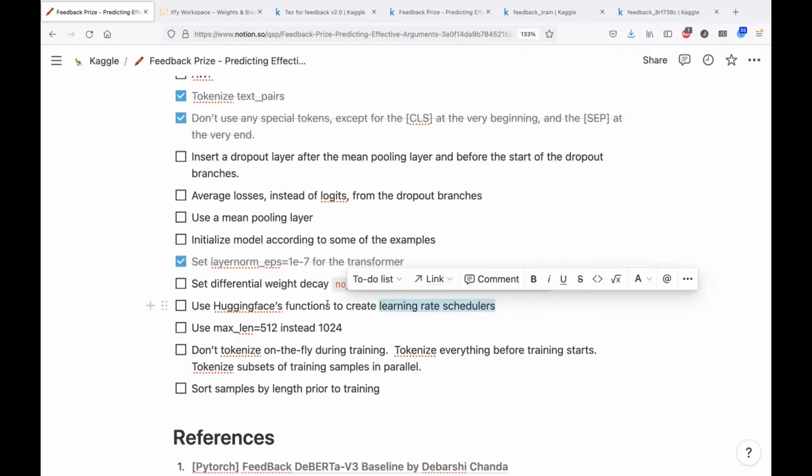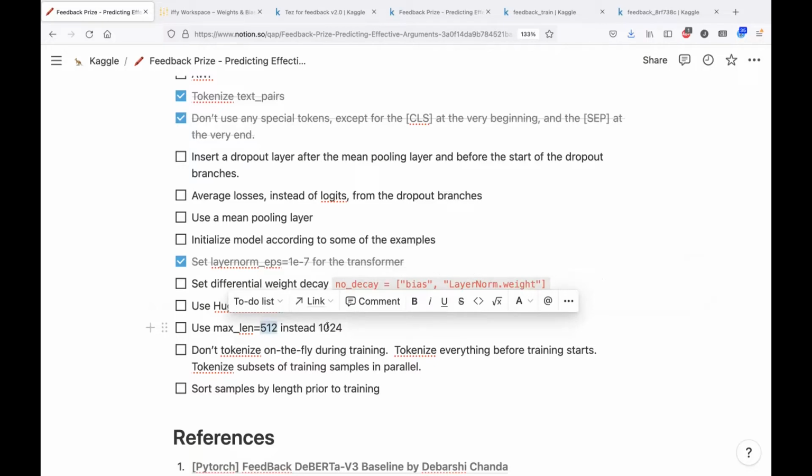So I'm also going to try to use some sort of schedule. He's using max length 512, and I'm using a longer max length, and I'm getting poorer scores. So I will also try reducing my max length.